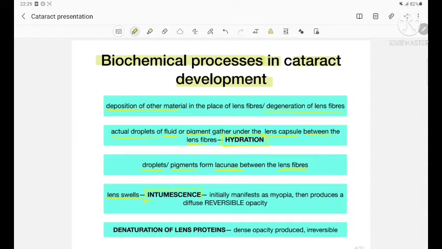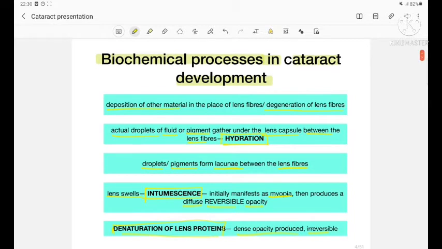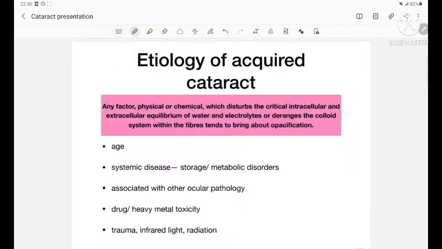This is called the stage of intumescence. Initially it manifests as myopia, then produces a diffuse reversible opacity. Then there is denaturation of the lens protein, due to which there is dense opacity produced, and this is irreversible. So, this is the biochemical process in the development of cataract.